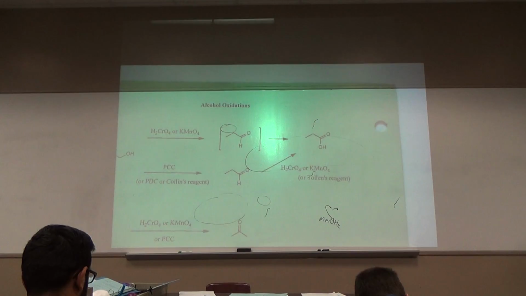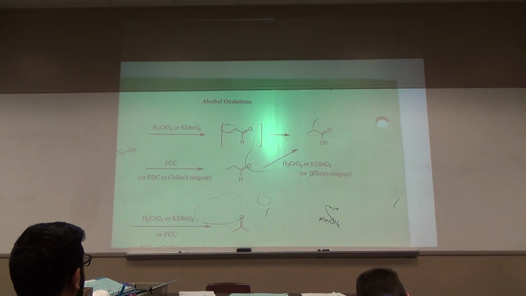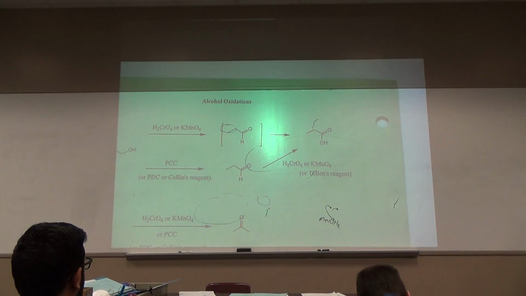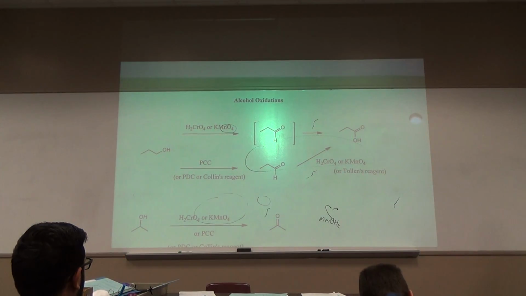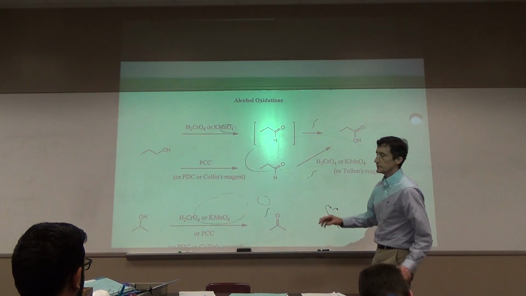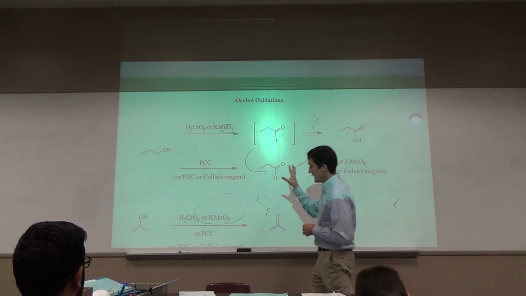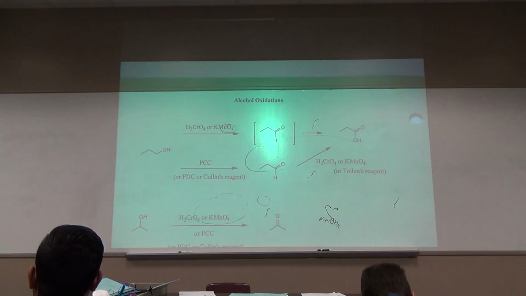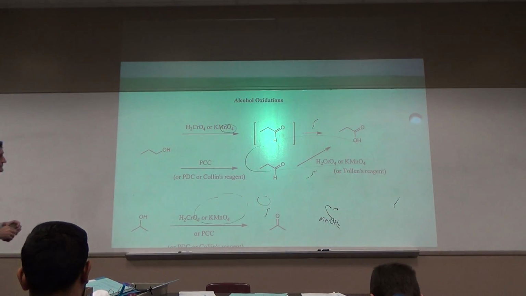Now on the green sheet, we've now flipped over to the other side. And we'll see our alcohol oxidations. And then below are your alkene oxidations. And this will be the last material before test 1, okay, which will also include NMR, which we need to finish up.